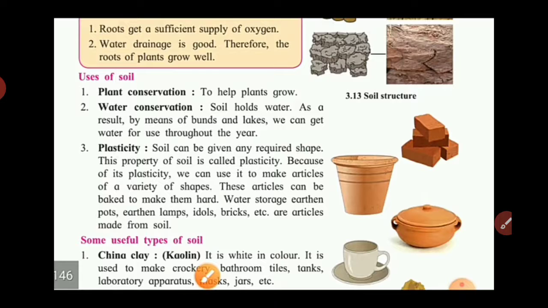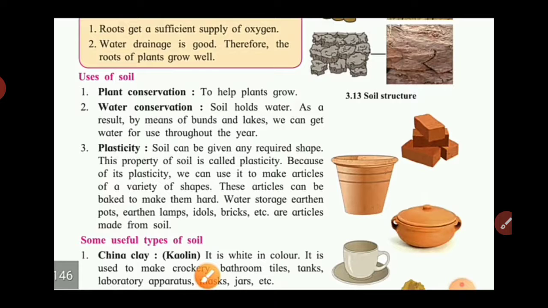This soil also helps plants to survive on the land for a longer period, and due to this our earth looks very green, very beautiful because of this soil. If there is no soil, all types of plants and crops don't grow. So it is the most important use of soil, that it conserves the plants. All types of plants, or diversity in plants, are conserved due to this soil.